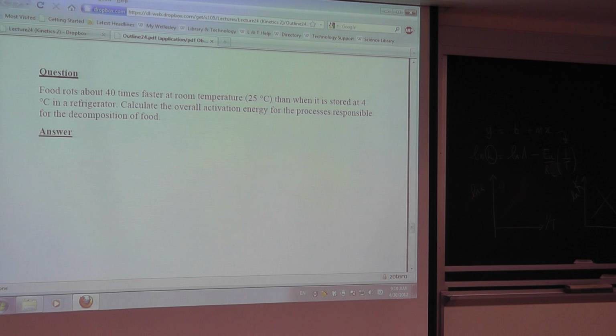So I have a minus E sub A over R, and what's inside is 1 over T2. If you have a minus E sub A over R and that becomes a plus E sub A over R, wouldn't they just go to 0? No, because you're multiplied by 1 over T2.